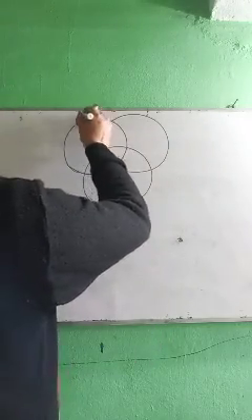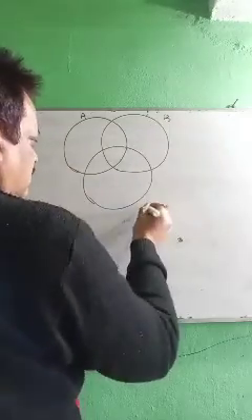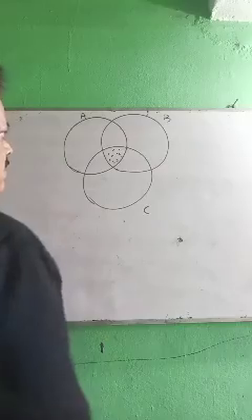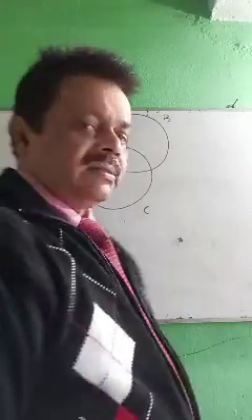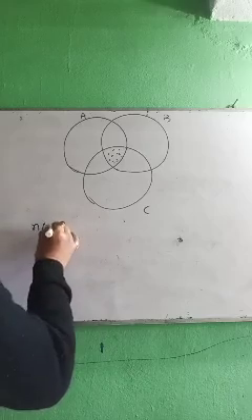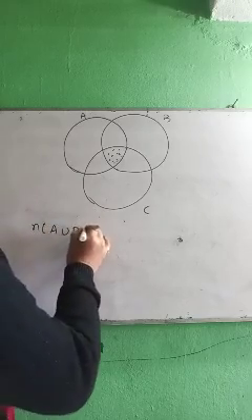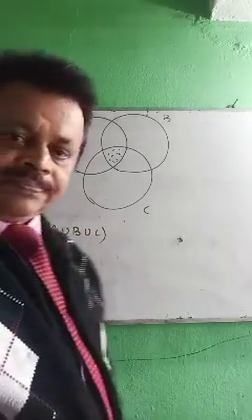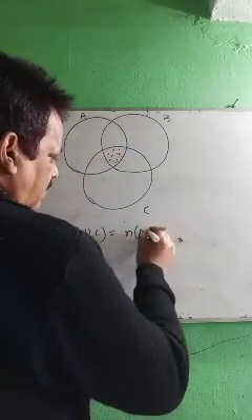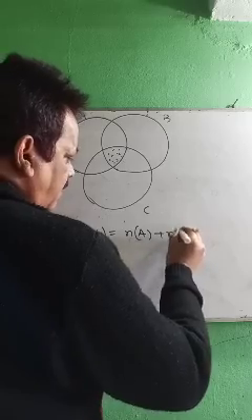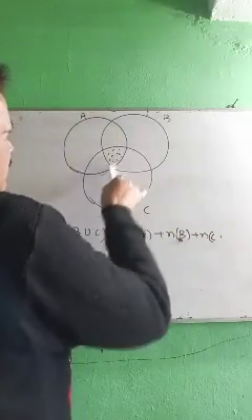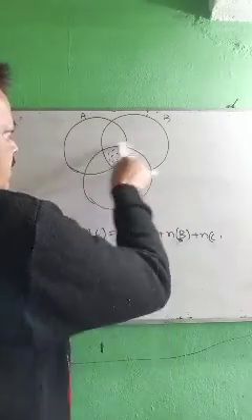This is suppose set A, this is B, this is C. Remember this part is A intersection B intersection C. Okay, if I take number of A union B union C, then that will be number of A, number of B, number of C, first three, 1, 2, 3.